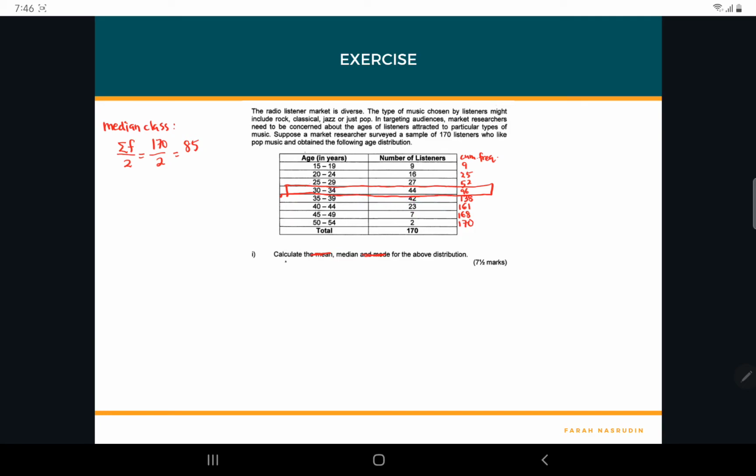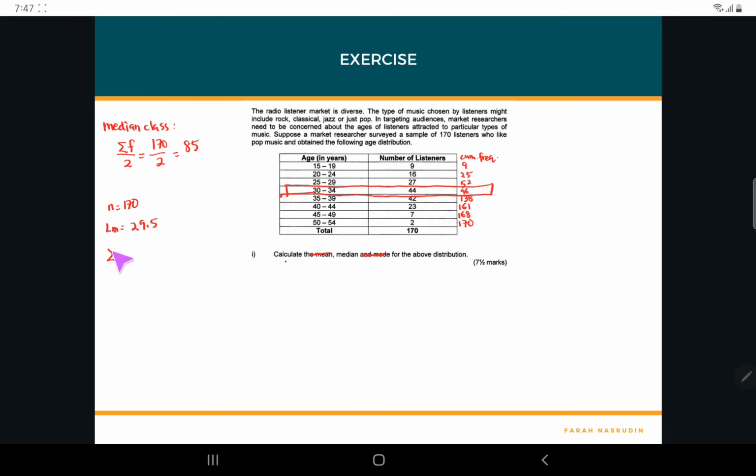Then we need to find all the items to be inserted in the formula. So our n is equal to 170. Our LM, which is the lower limit of the median class. So the lower limit is between 29 and 30, so 29 plus 0.5, our LM.